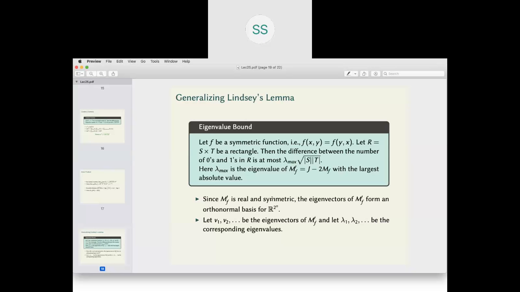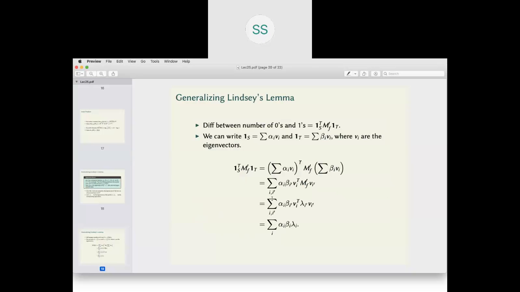Basically, for any real and symmetric matrix, the eigenvectors form an orthonormal basis. Orthonormal means they are mutually orthogonal, and they are normal, meaning the norm is 1, norm square is 1. Now let v1, v2, etc. be the eigenvectors of MF dash, and lambda 1, lambda 2 be the corresponding eigenvalues.